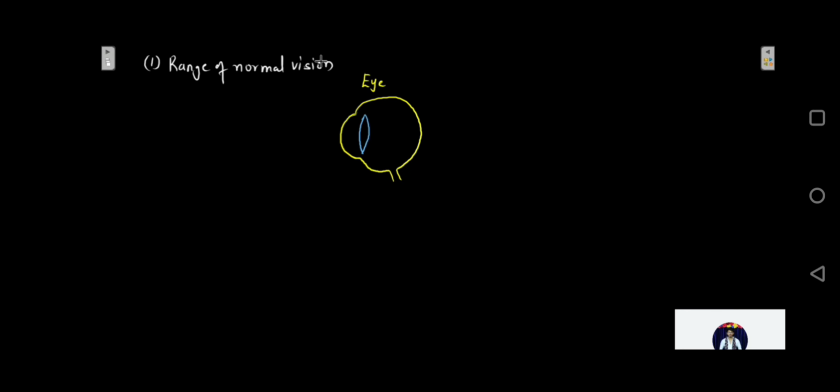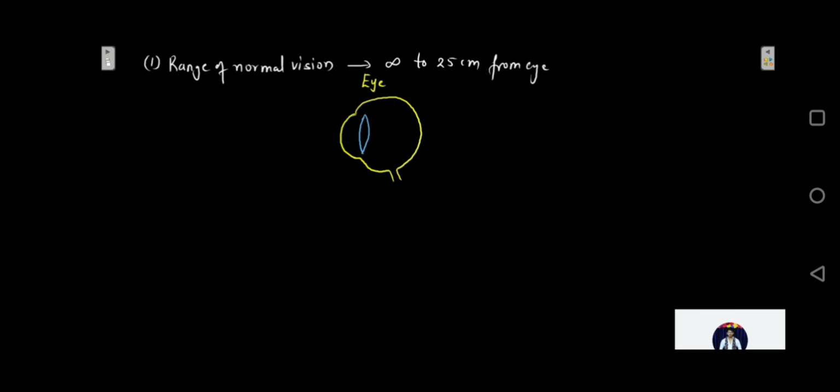Due to the accommodation property of the eye lens, the normal eye can clearly see the objects which are situated anywhere between infinity and 25 centimeter from the eye. So this is the range of normal vision. If your object is lying between 25 centimeter from your eye and infinity, it is going to be seen very much clearly.